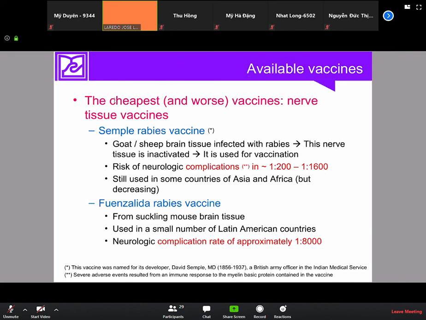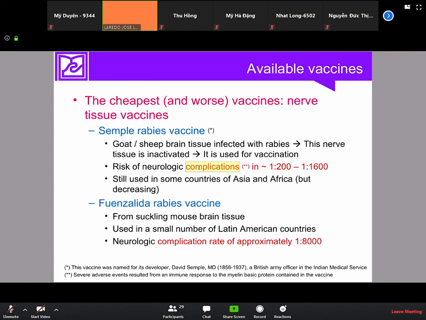One group that I call the cheap vaccines, also the worst vaccines. Currently we have two types, the Semple rabies vaccine and the Fuenzalida rabies vaccine. You don't have to remember the names, okay? Just remember that they are the worst vaccines. And why are they worse? Because they don't work very well, and because they have a lot of complications, okay?